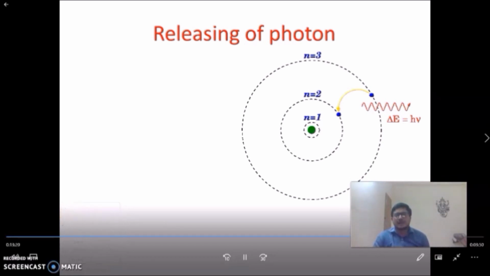Let us consider an atom having an electron in shell 2. Now I am thinking that in the third shell no electron is there. Clear? So only one electron is present in shell number 2.